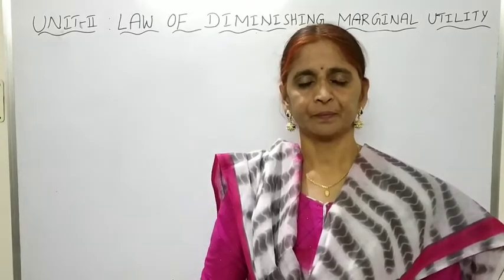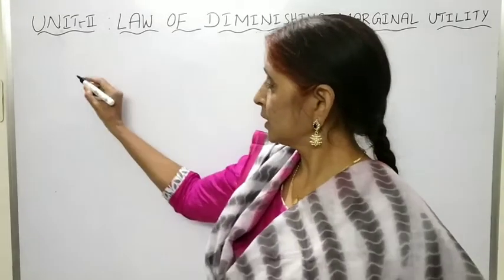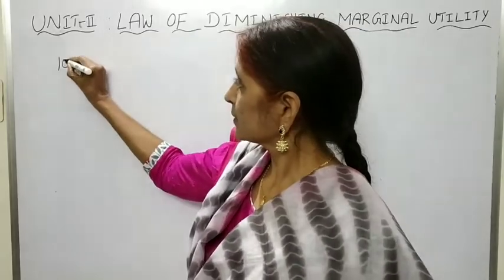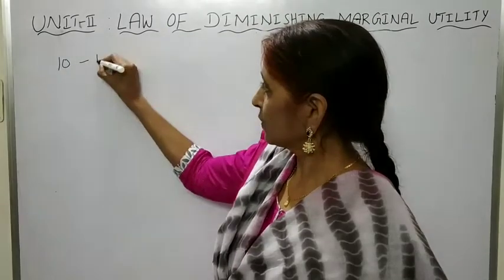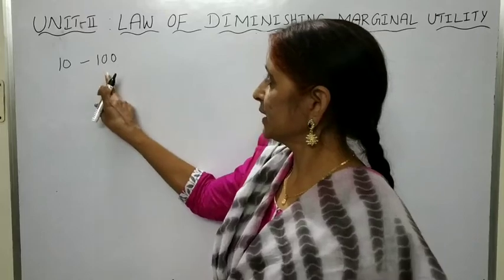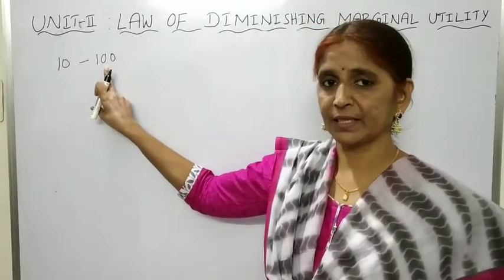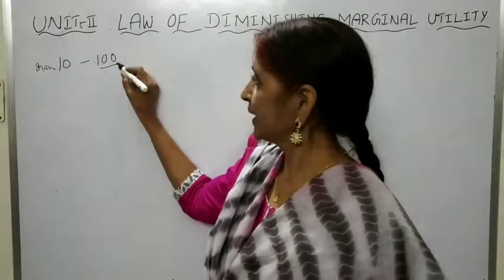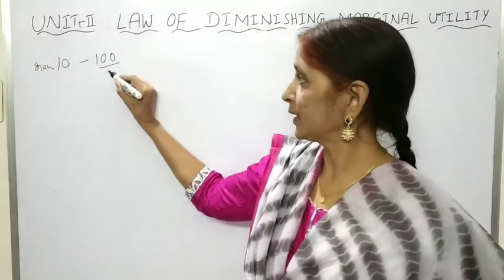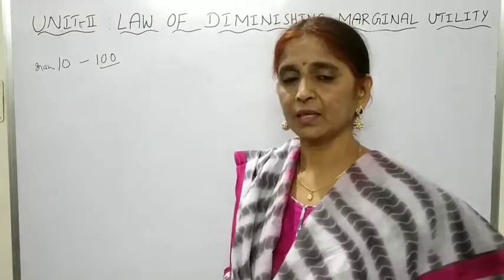For example, you consumed 10 oranges. From 10 oranges, you derived 100 utils of utility. That is called the total utility. By consuming 10 oranges, the utility derived by you is 100 utils. This is the total utility.